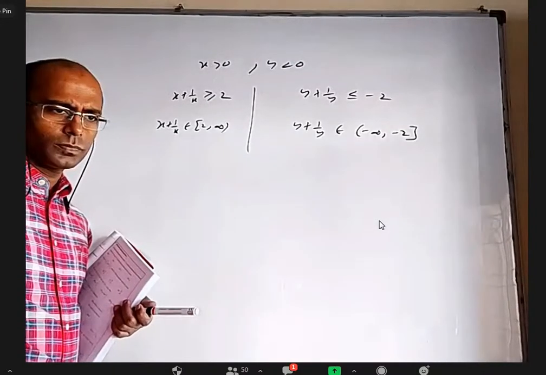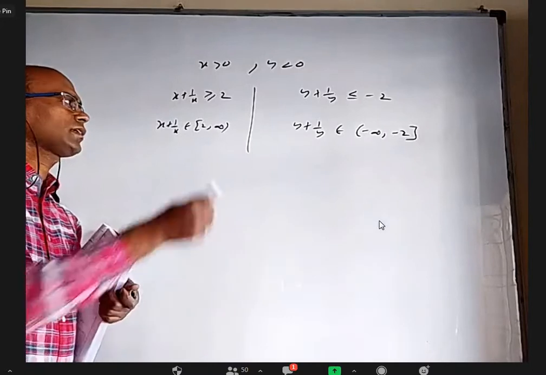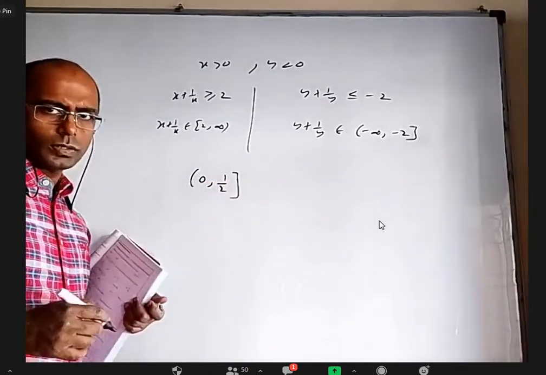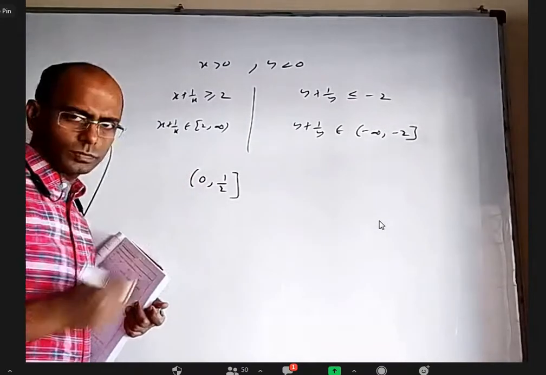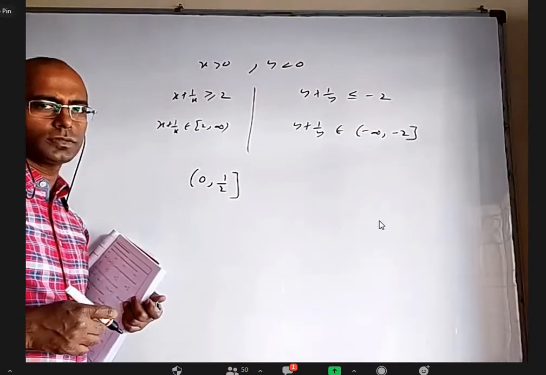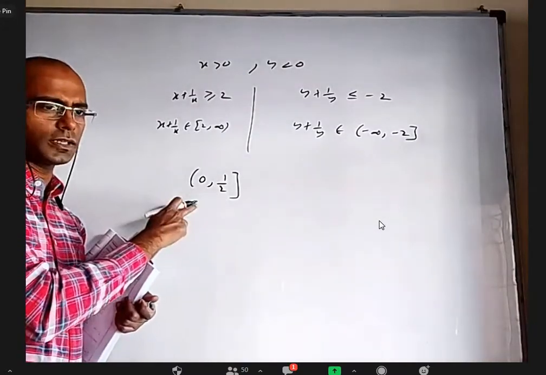I'm asking when will cos values be open 0 to closed 1 by 2? Cos of what angle will give you 0? 90. Pi by 3 to pi by 2. Yeah, this is for 60 degrees and this is for 90.